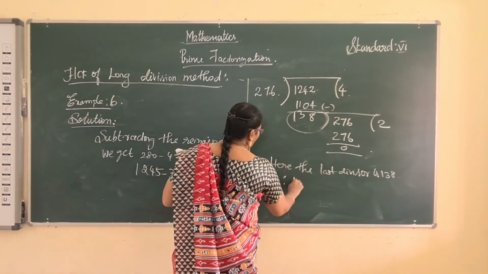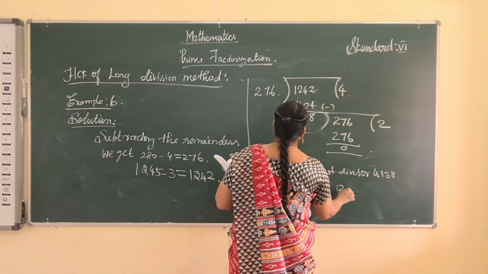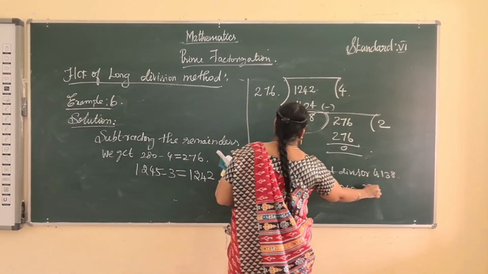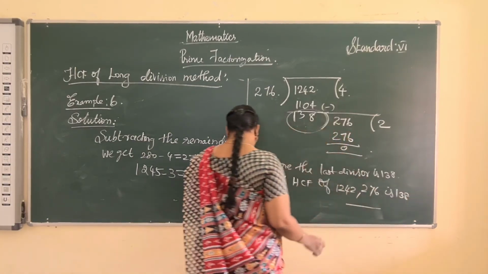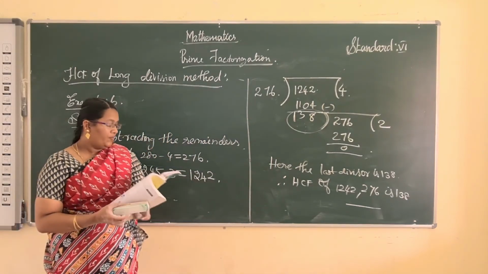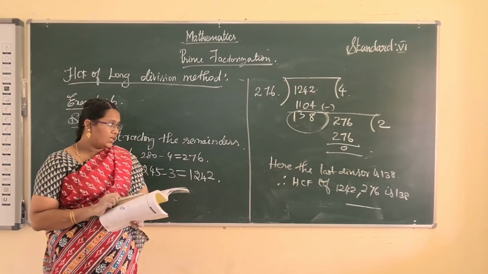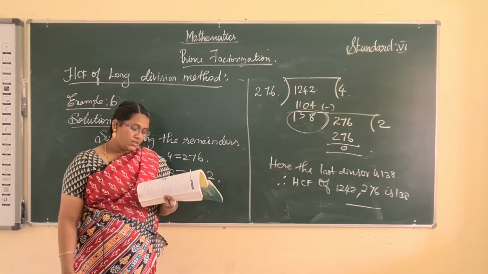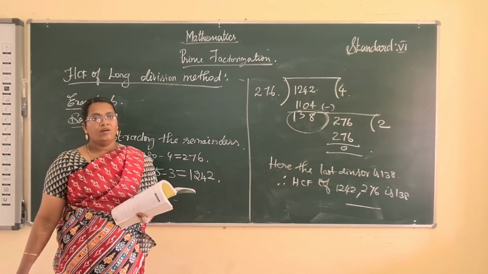Directly write: therefore the HCF of 1242 and 276 is 138. That is the highest common factor, that is the greatest number. Greatest number means highest common factor.